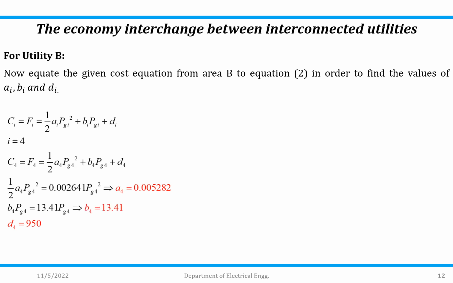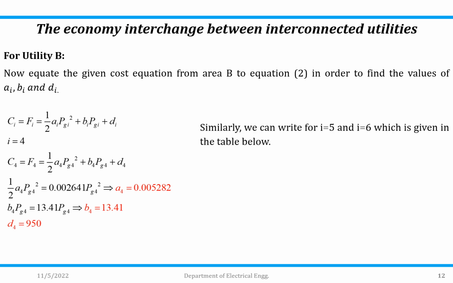Now similarly, we will find the values of PG4, PG5 and PG6 and also the associated cost equations, that is C4, C5 and C6. We follow the same procedure we discussed earlier for utility B, so I will go in a quick manner here. Comparing the cost equation with the given data, you get A4 is 0.005282, B4 is 13.41 and D4 is 950.